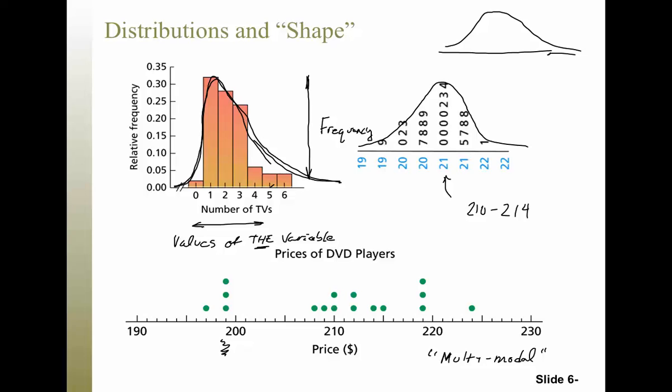What does the horizontal axis mean? Just the values of whatever variable we're talking about, right? And then the height of the curve. If you pick a value of the variable, boom. The height of the curve means the frequency: how frequent that value showed up.